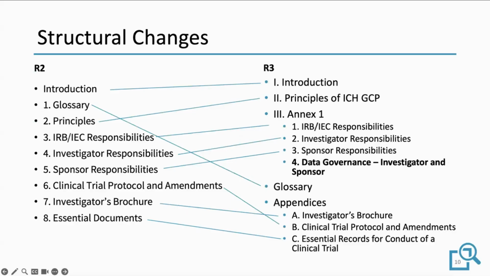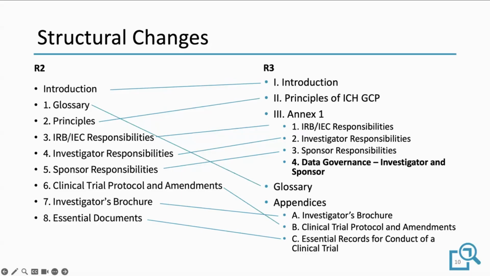Here is a visual of how the content has been moved around from revision 2 to revision 3. The intro and principles are now the first 2 numbered sections. All the content relevant specifically to industry trials is now collected in a section called Annex 1, which is section 3, and the idea is that other annexes will be added to address either other types of trials or other aspects of research. In fact, Annex 2 has been drafted to address decentralized elements, pragmatic elements, and real-world data.